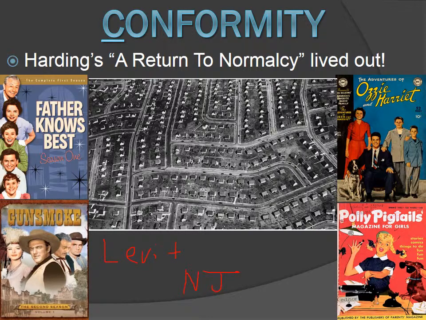Well, if you think about it, if you make all these houses the same, what's going to happen to the price of these houses? Of course, they're going to be much cheaper. So the Levitt brothers are actually going to be responsible for making cheap and affordable houses to people and allowing people to actually buy sometimes their first house. And in doing so, it brings a sense of community to the people.